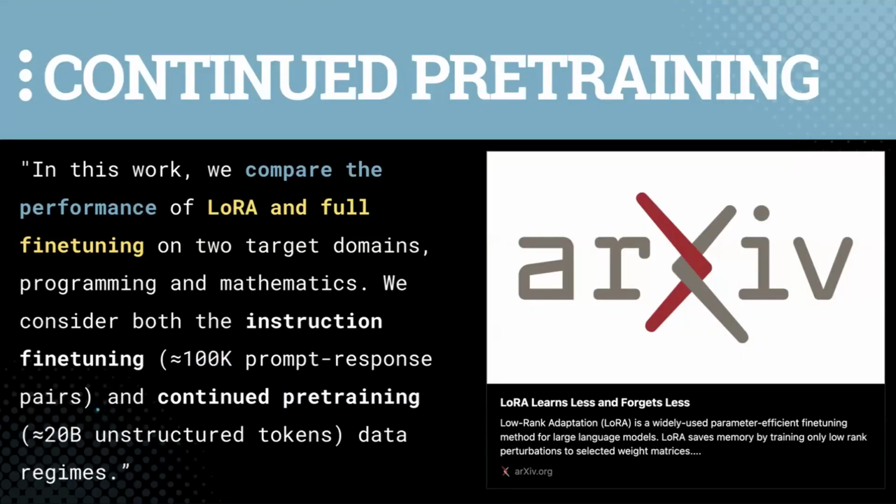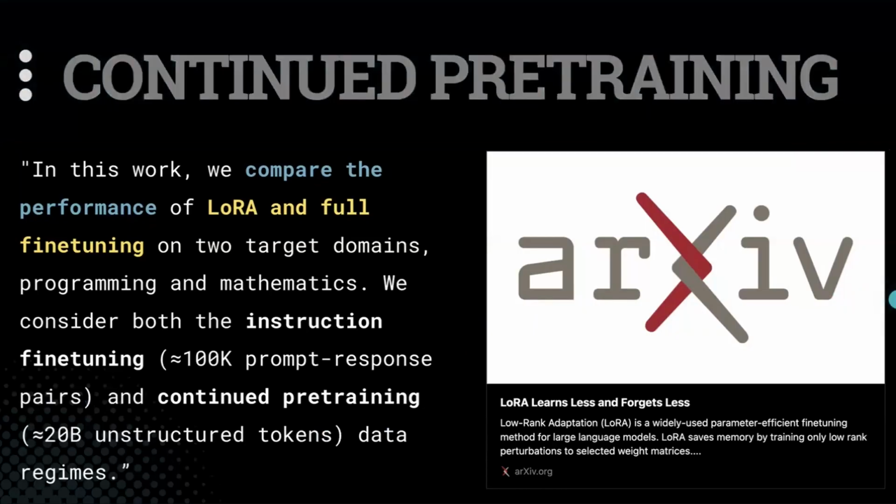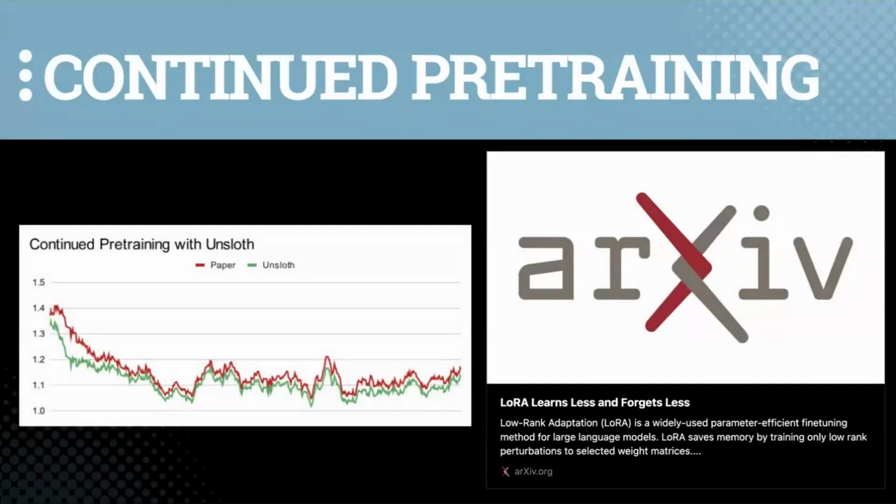That's the way we can think about this. We're using this unsupervised pre-training approach versus this supervised fine-tuning. And they got slightly better results. It's pretty dope, and you should definitely check out what they're doing.